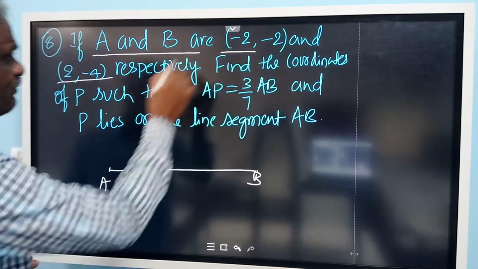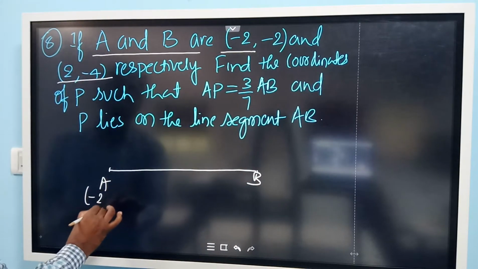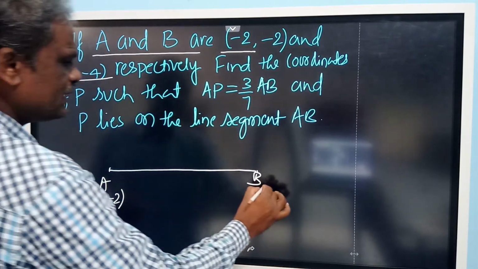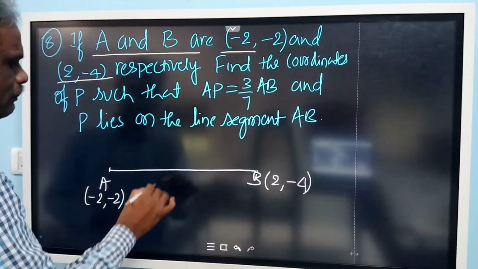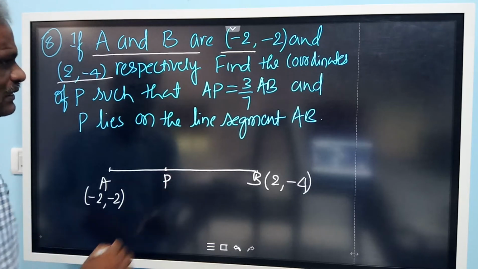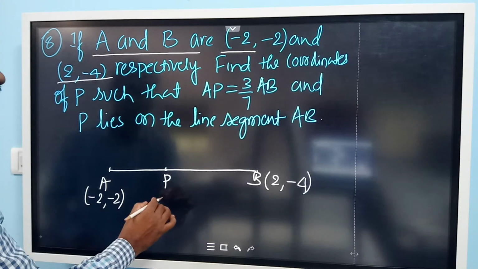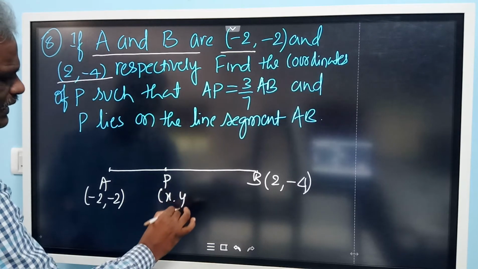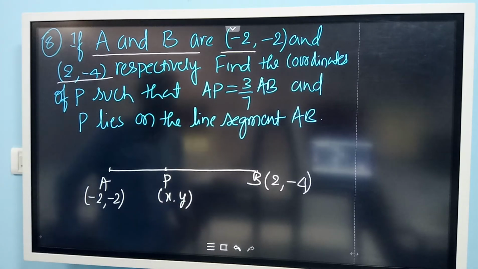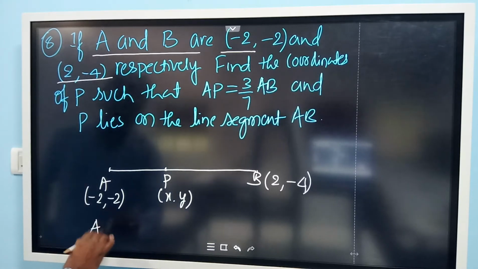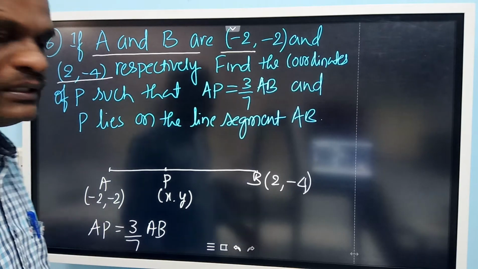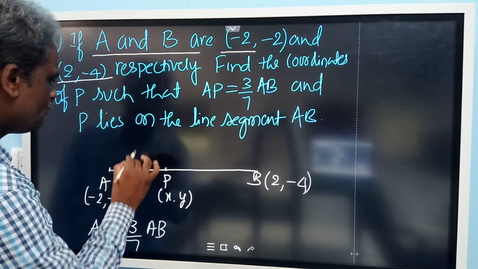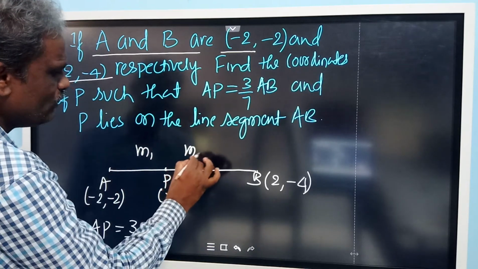The coordinates of A are (-2, -2), the coordinates of B are (2, -4), and there is a point P here. We have to find the coordinates of point P. Let us take this as (x, y), and it is given AP is equal to 3 by 7 of AB. To find this point of division, we need to find the ratio m1 by m2.